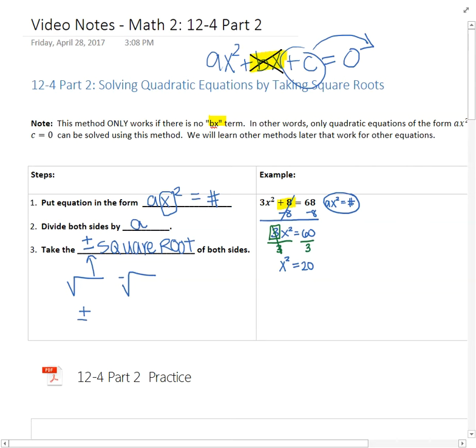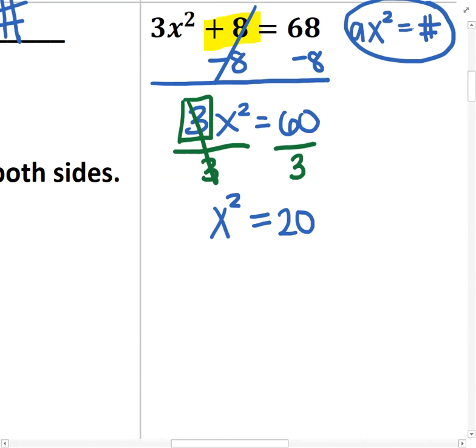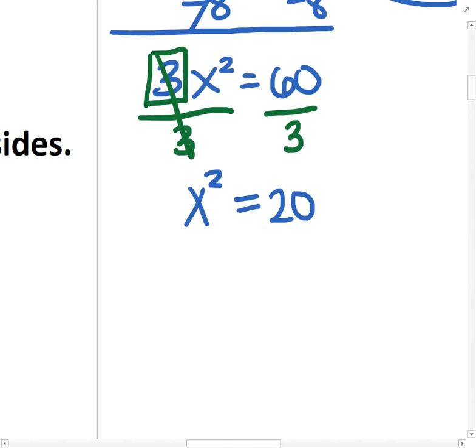So we write it like this, plus or minus the square root. It represents doing two things, or two numbers. Okay, as we'll see. So let's do that for our case here. We have x squared is equal to 20. So I'm going to take the plus or minus square root of both sides.